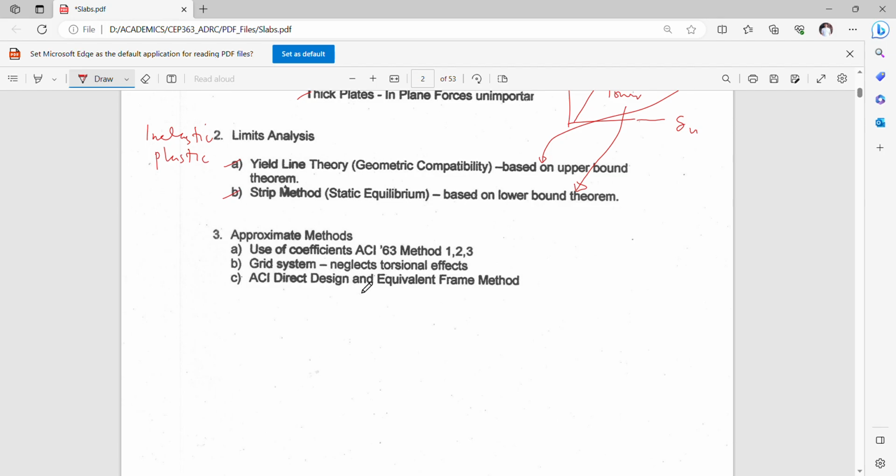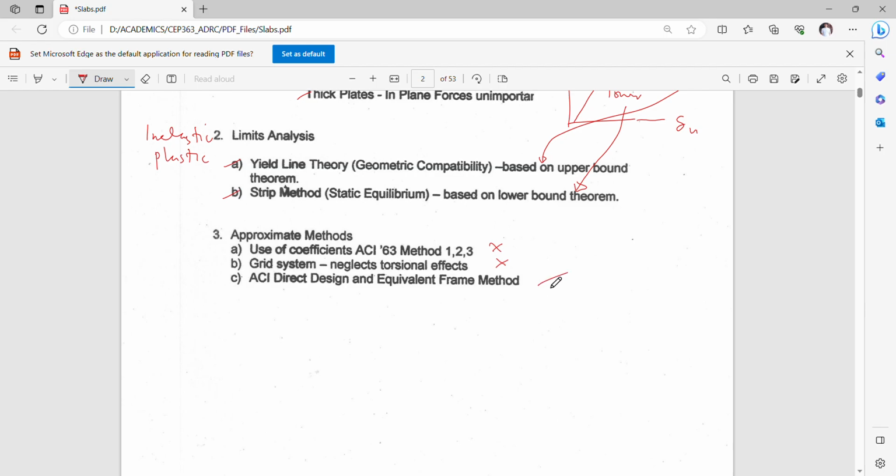And for the more involved ACI solutions, we have the ACI direct design method and the equivalent frame method. We will not discuss this now because these are very old ACI methods. But I know we have encountered these two. So we'll start basically later on these two here.